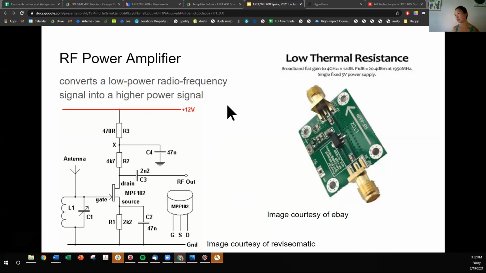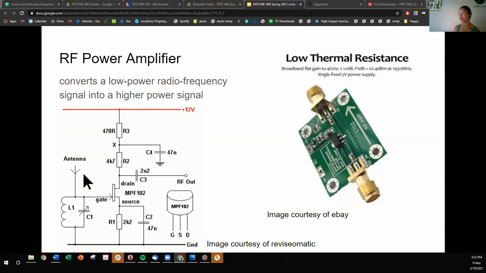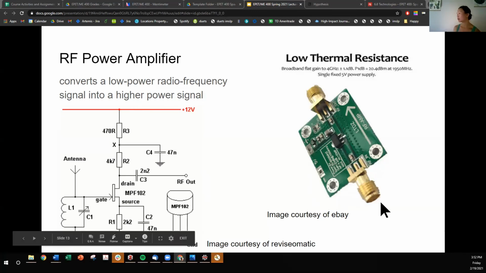There's some external power source that will supply this amplification, but how do you insert that power while retaining the frequency and amplitude and phase of the original signal? So it goes through all this circuitry and eventually gets to the antenna where it actually emits that electromagnetic radiation. Here is just a depiction of what a power amplifier can look like.